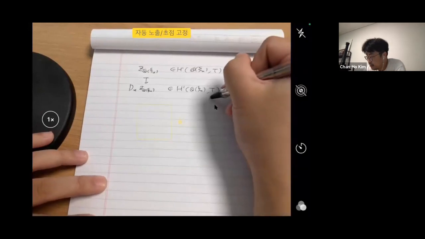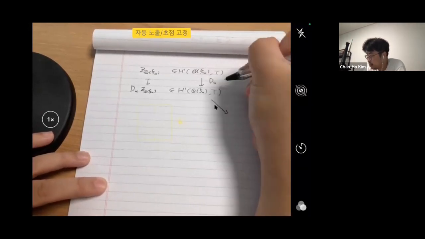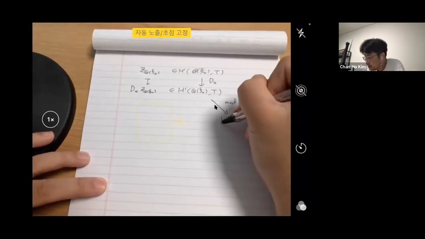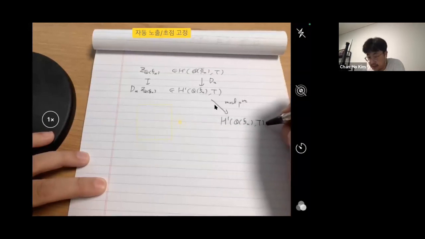Then first, let me write it down like this: D_n and mod P to the m, in H1(Q(zeta_n), T) quotient by P^m.